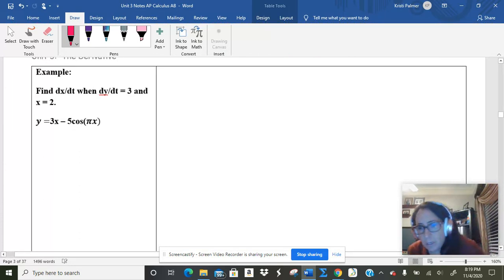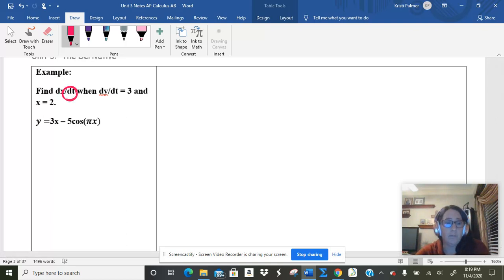So now this one doesn't want me to derive with respect to x. This wants me to derive with respect to t. So I'm going to take the derivative of y, and I took the derivative of y with respect to t now.